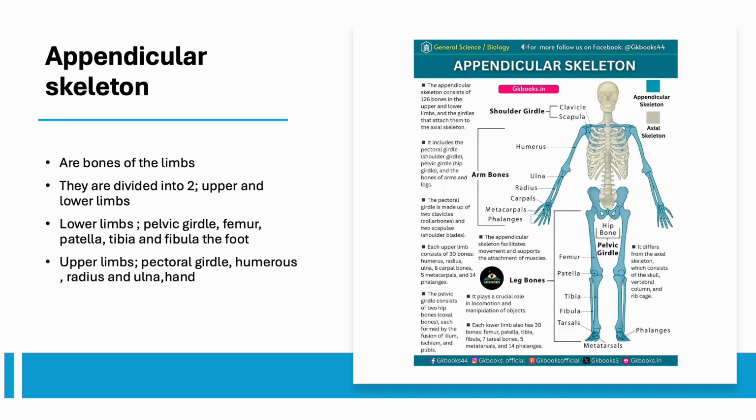The leg, the lower limb, has the pelvic girdle that has 3 bones. There's 2 bones with 3 portions in each bone. There's a 6. Then it has the femur, patella, tibia, and fibula, and the tarsals, metatarsals, and the phalanges.